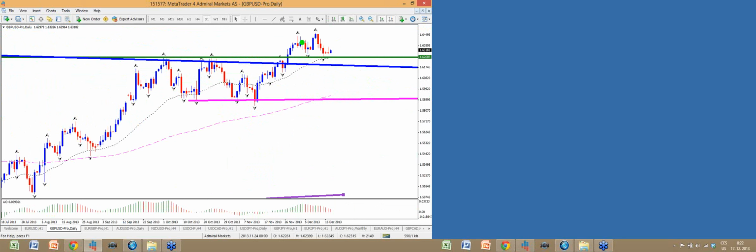Despite the weekly bearish price action, this could still be a correction and a hook back, as I said. So that could explain those particular price action signals.